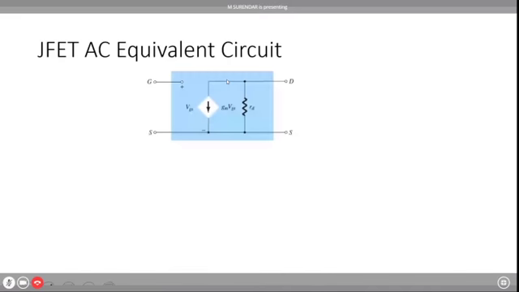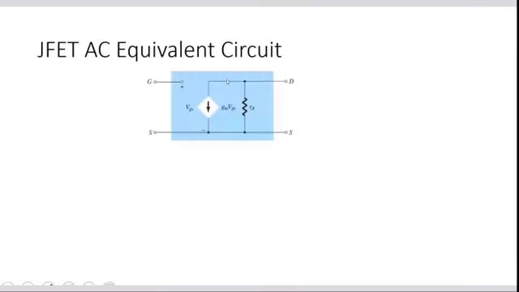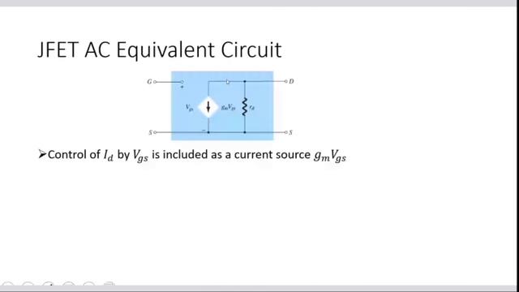First, we will see why gm into vgs comes into the picture. gm into vgs is nothing but the drain current id, and this drain current is controlled by the vgs, that is the gate to source voltage. It is not only controlled by the vgs, but it also depends on the transconductance value gm. That's why id is represented as gm into vgs.